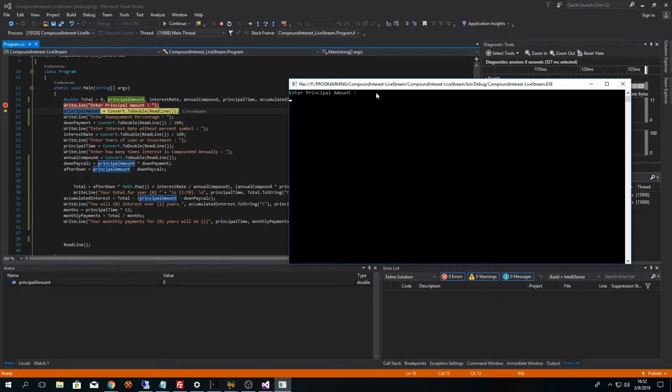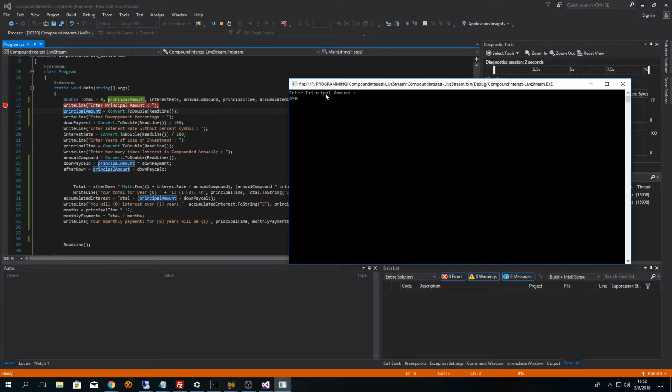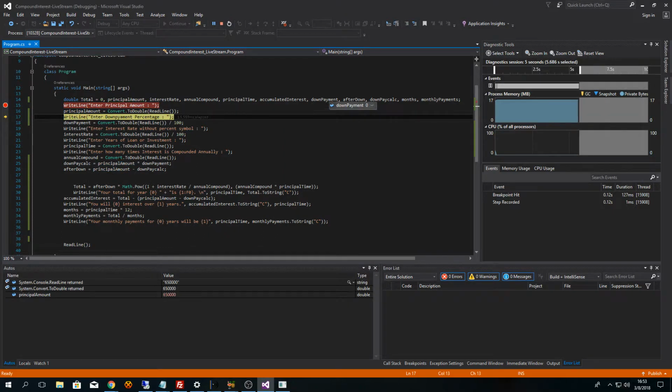So enter principal amount. Let's do 650. Oh, see, it won't let me punch anything in because all I've done is execute that. I haven't executed the read line yet. It's on this line right here, but it hasn't executed yet. So we'll step into it, and I'll see the text popped up. 1, 2, 3. Hit enter.